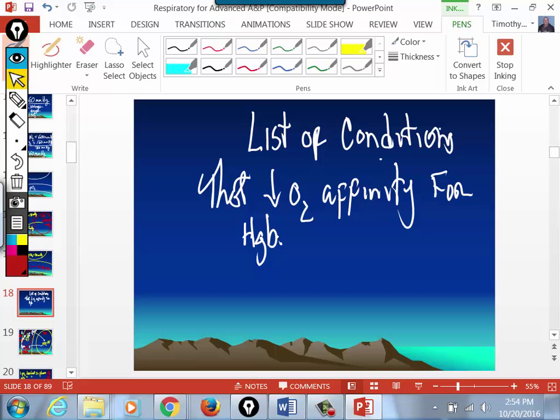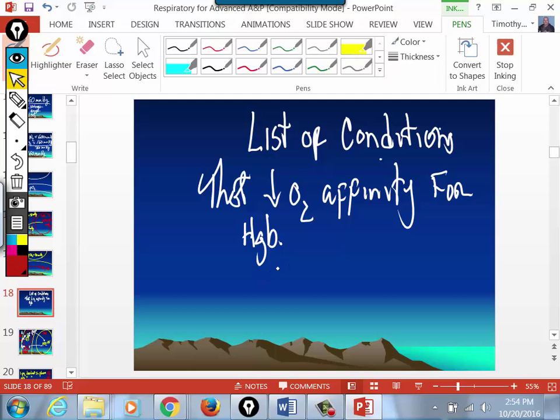So I'm going to now list conditions that favor oxygen no longer wanting to bind to the iron on hemoglobin. Affinity means if you have an affinity for someone, then you want to bind with them. So decreased oxygen affinity means you don't want to bind with them.